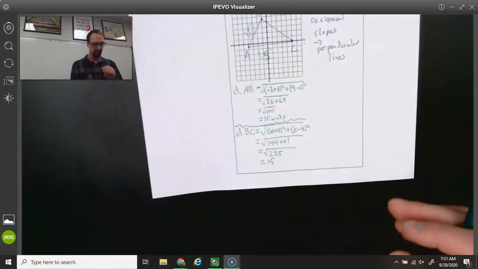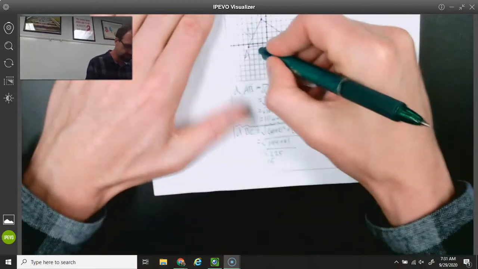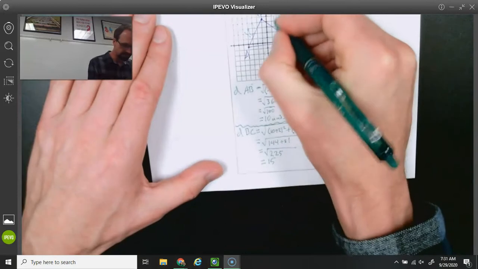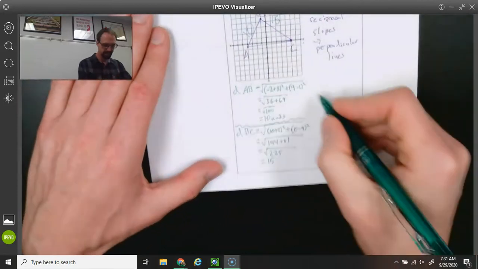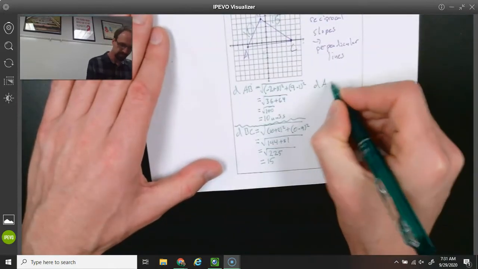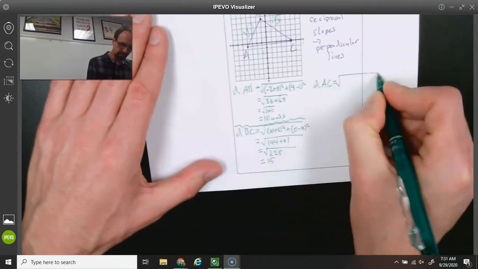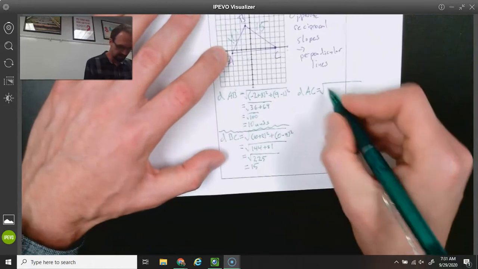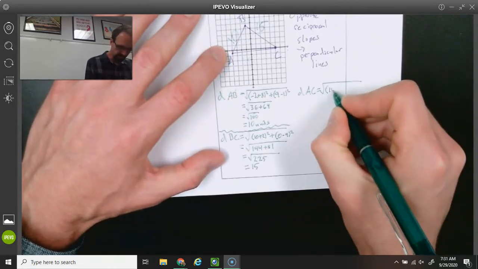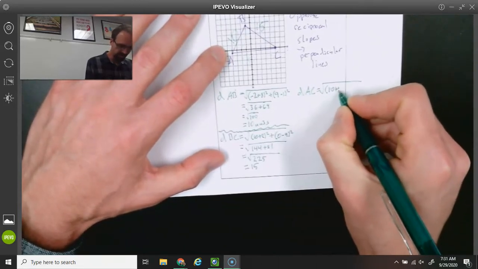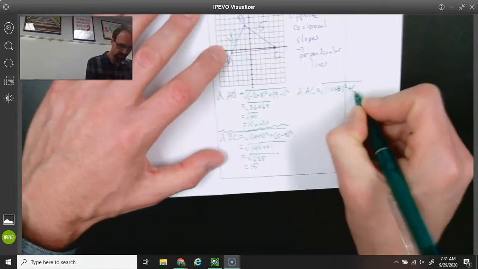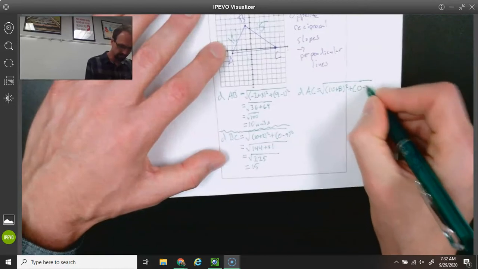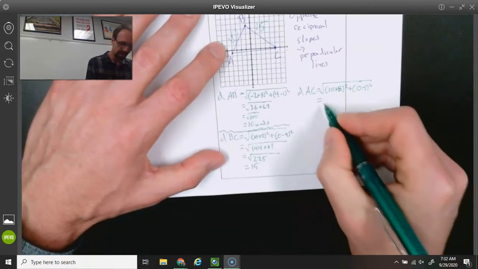And then for the last one, oh, I put that in the wrong spot. From A to C, excuse me. So square root of 10 plus 8, plus 0 minus 1, quantity squared. That's 18.